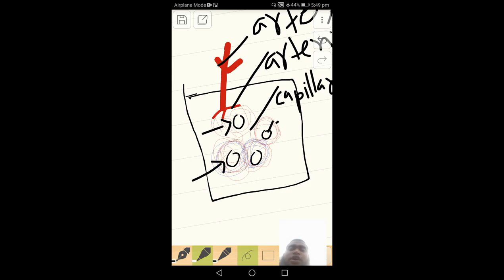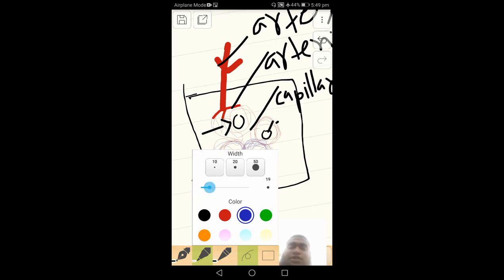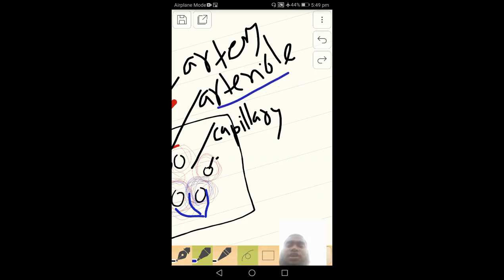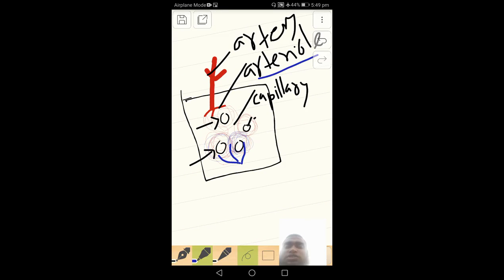Then these capillaries join up to form smaller vessels called venules. Here it was arteriole, so these are the arterioles, and here they are the venules. Then the venules join together to form what we call the large vein.